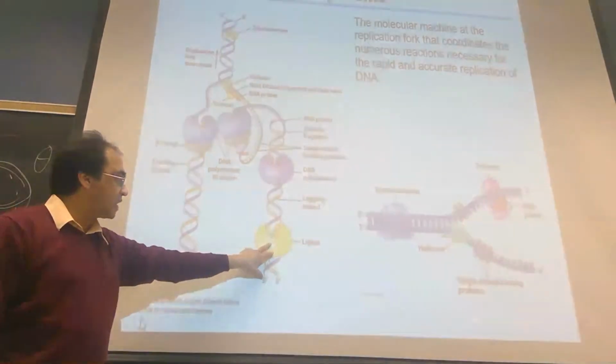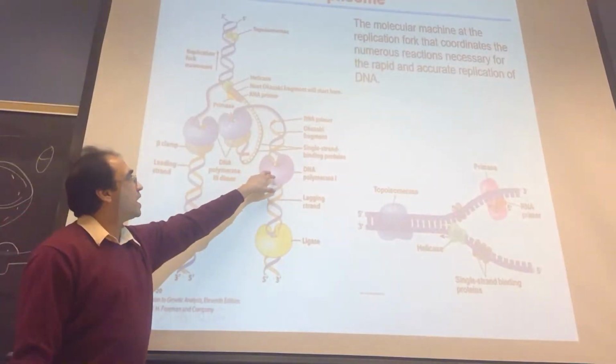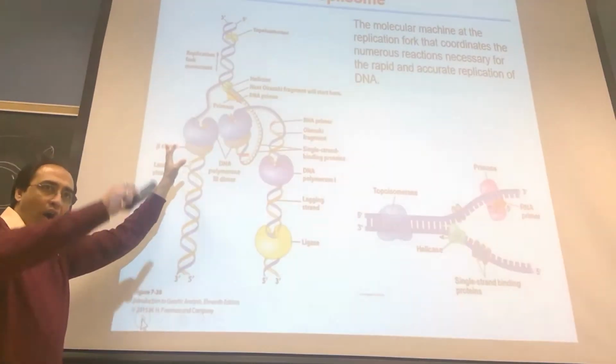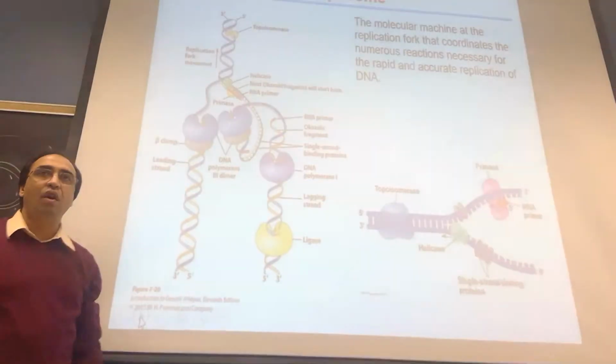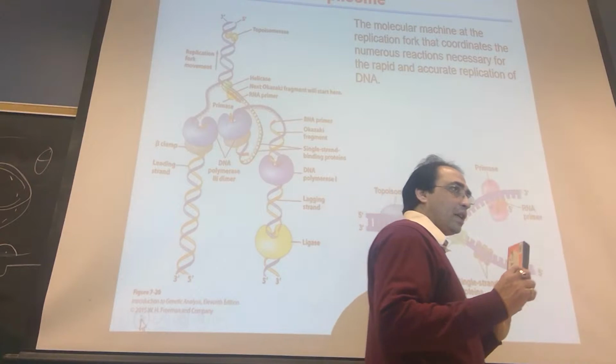When the Okazaki fragments are formed, ligase joins those two pieces, DNA polymerase is working here, single strand binding proteins are attaching here. All these things together are called the replisome. This is the total machinery.